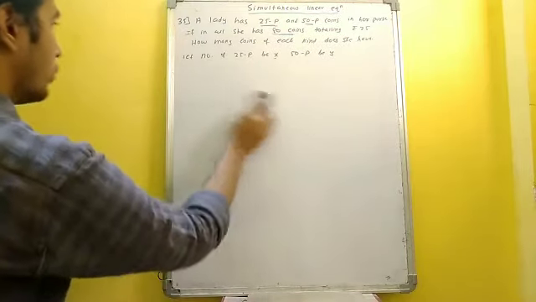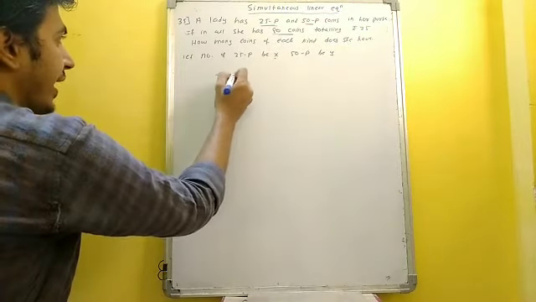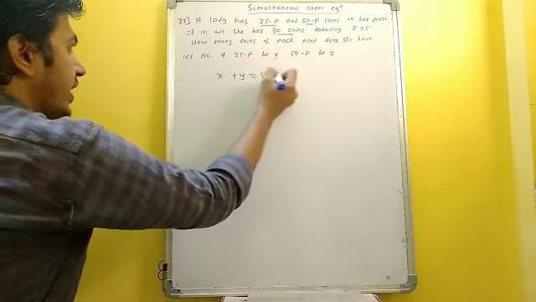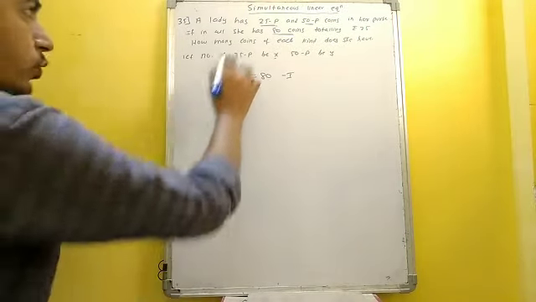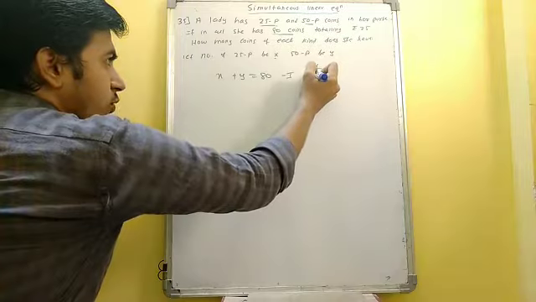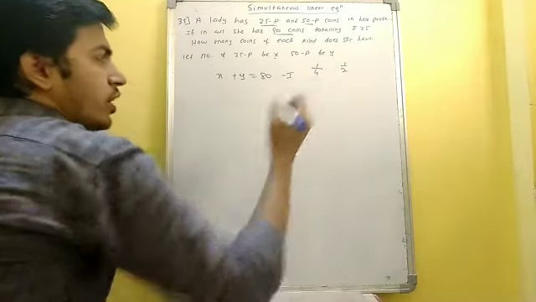Okay. So according to the given condition, x plus y is equal to 80. And 25 paise coin can also be written as 1 upon 4 rupees, and 50 paise coin can be written as 1 upon 2 rupees.